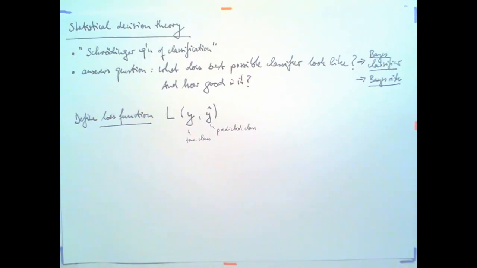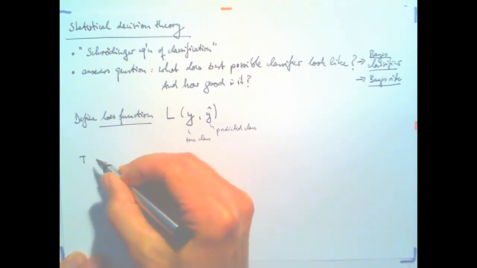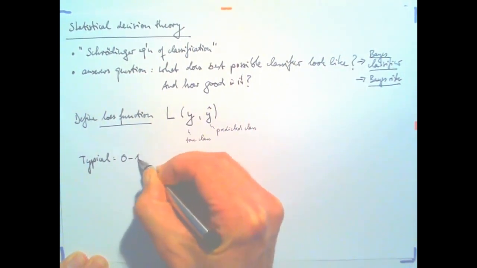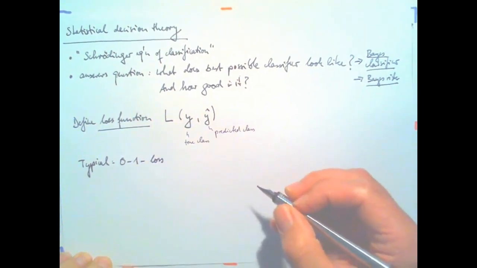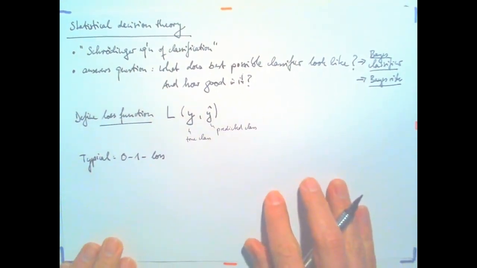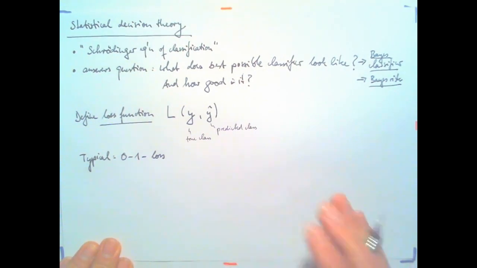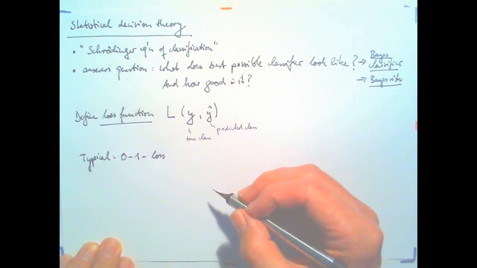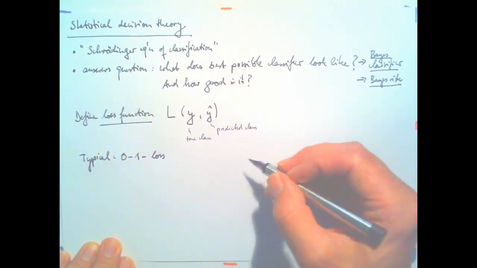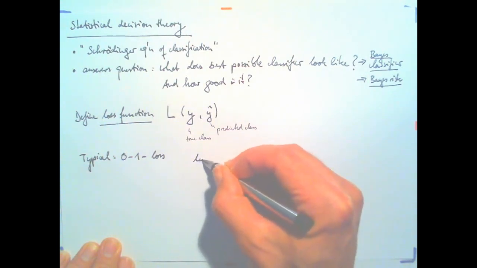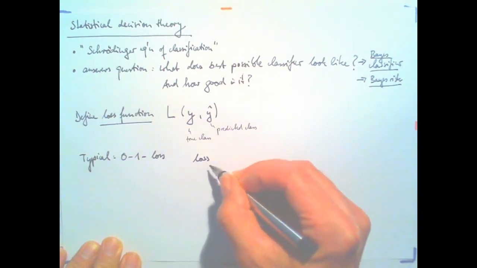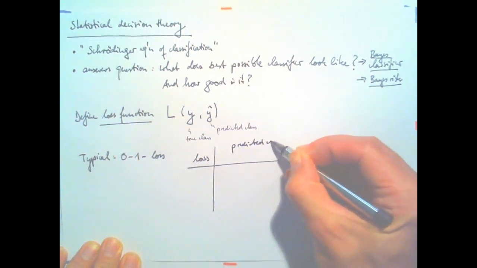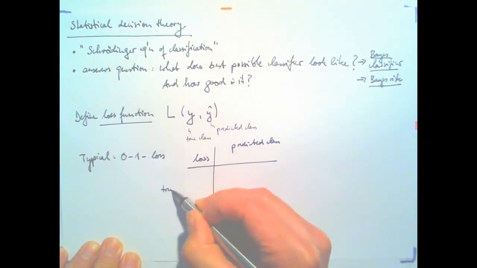Typical is to use the 0-1 loss, which is the simplest thing you can imagine. It simply means we pay nothing if we make the correct decision, and we pay 1 unit, $1, €1, 1 something, if we make a wrong decision, no matter which wrong decision. Okay, so in that case, the loss function: I have a predicted class and a true class.